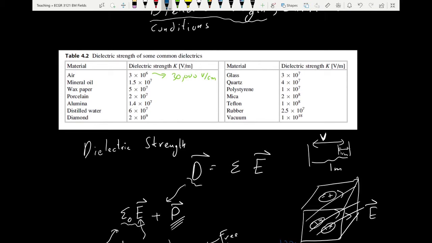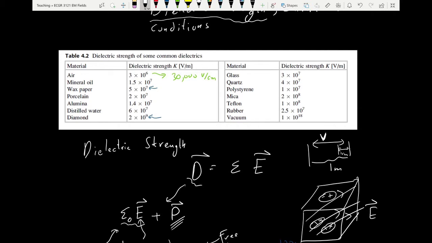Some materials have stronger dielectric strength than air, for example mineral oil, wax paper, even paper has an order of magnitude larger dielectric strength. Diamond has a very good dielectric strength, about 3 orders of magnitude, 1,000 times stronger.